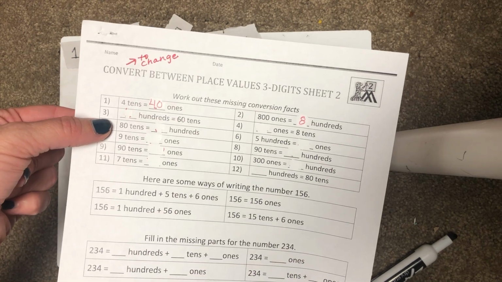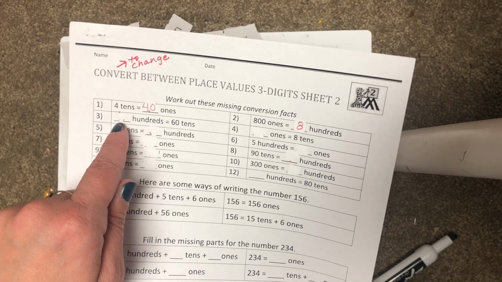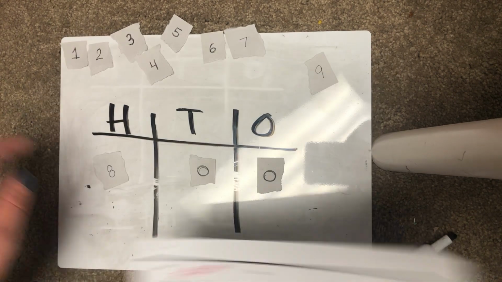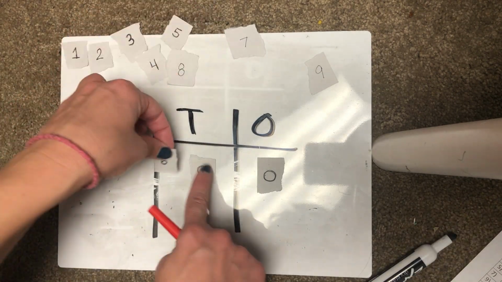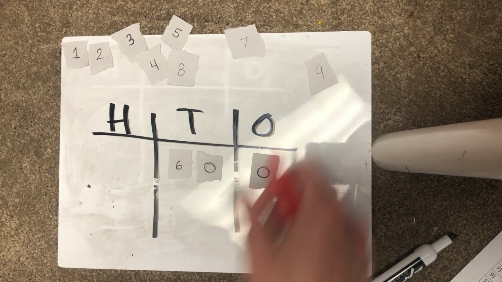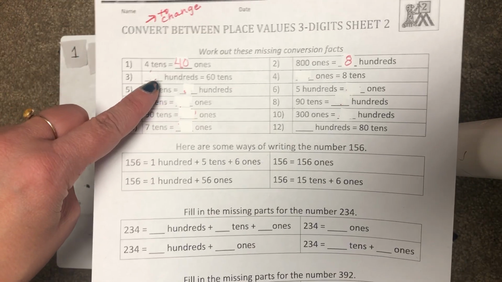Number 3. Don't stress yourself out if all of a sudden the blank is at the beginning. You can still just make 60 tens. We want to see how many hundreds that would be.